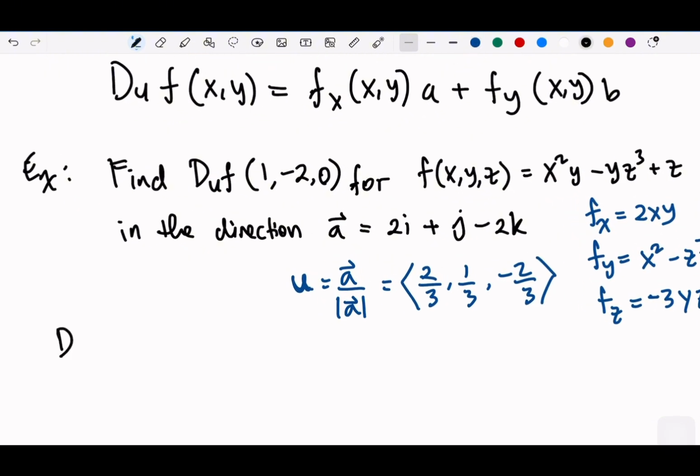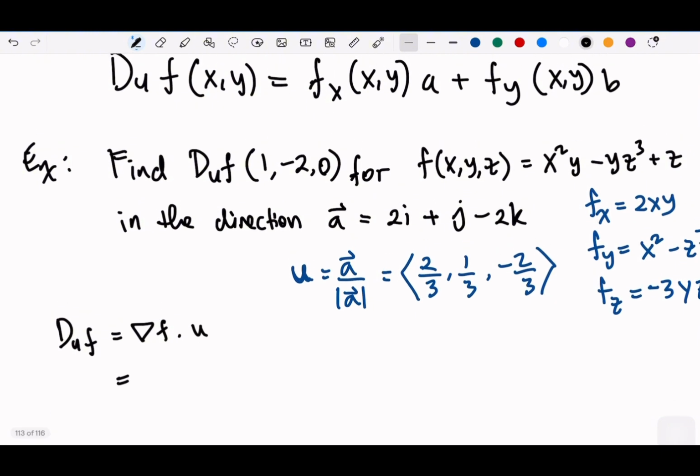Then the Duf is basically the del f dot u. Okay. So Duf at 1, negative 2, 0.